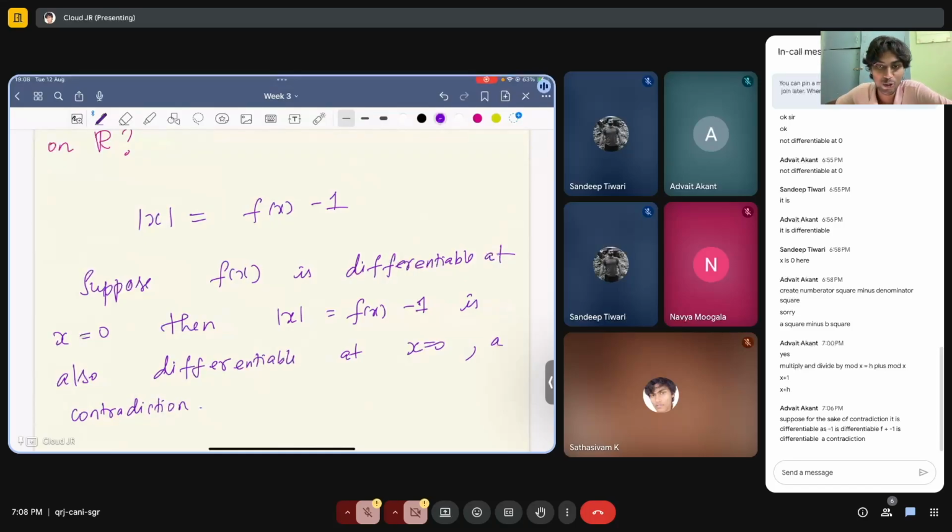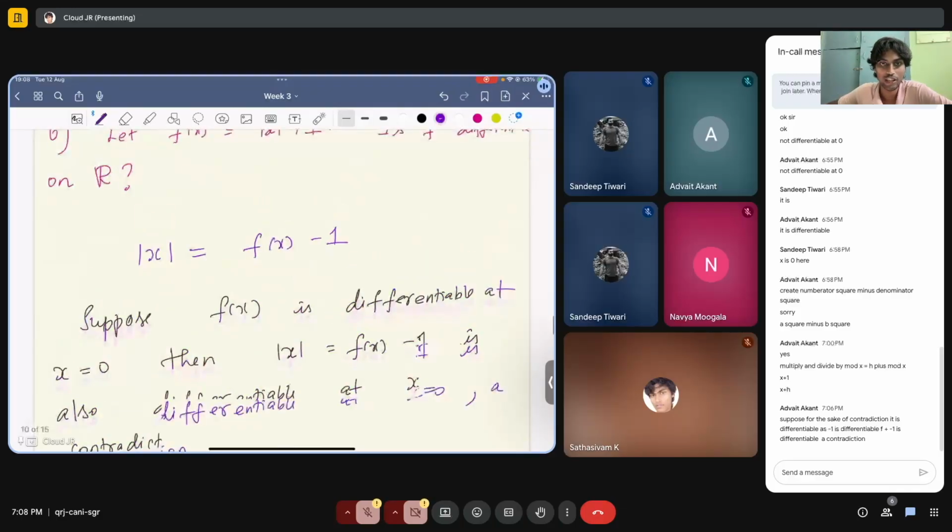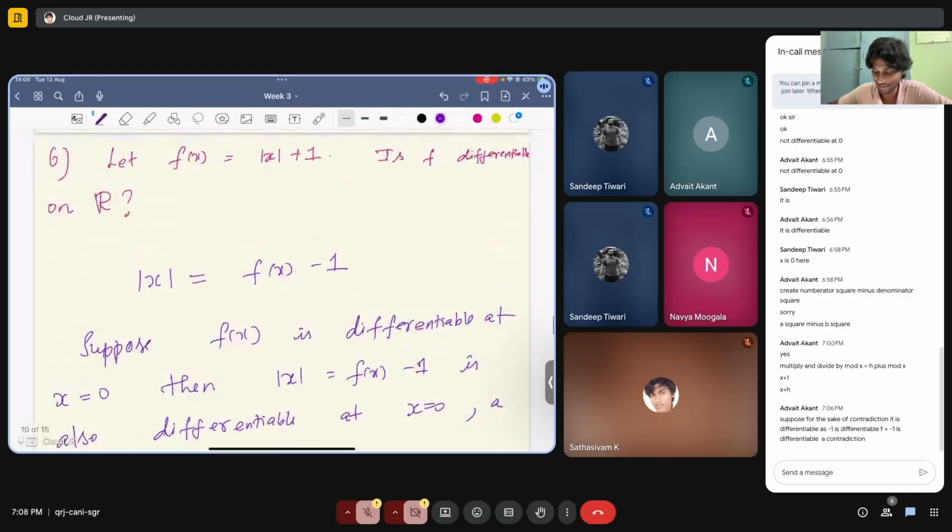So sometimes to prove a function is differentiable or not, you don't have to actually do anything. So that was the idea.